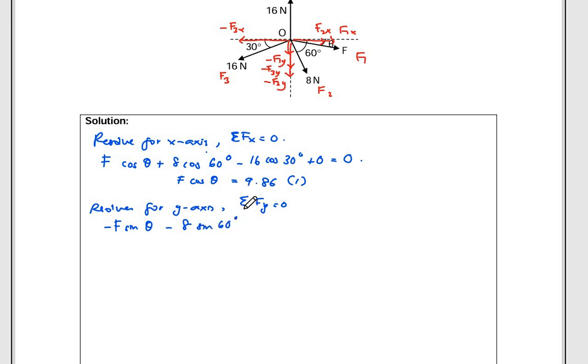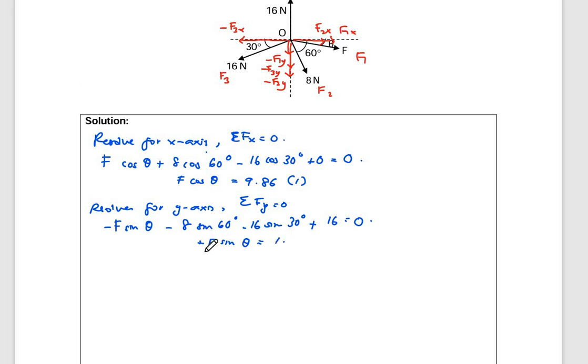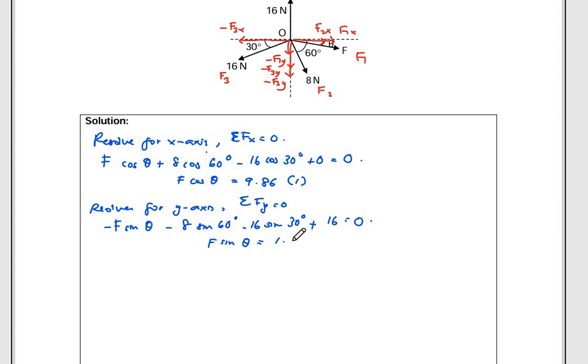F3 dia pun negatif, negatif 16 sin 30 dan positif untuk F4. Dia tak ada sin cos apa semua, sama dengan kosong. So simplify, saya rearrange balik. F sin theta is equivalent to 1.07.